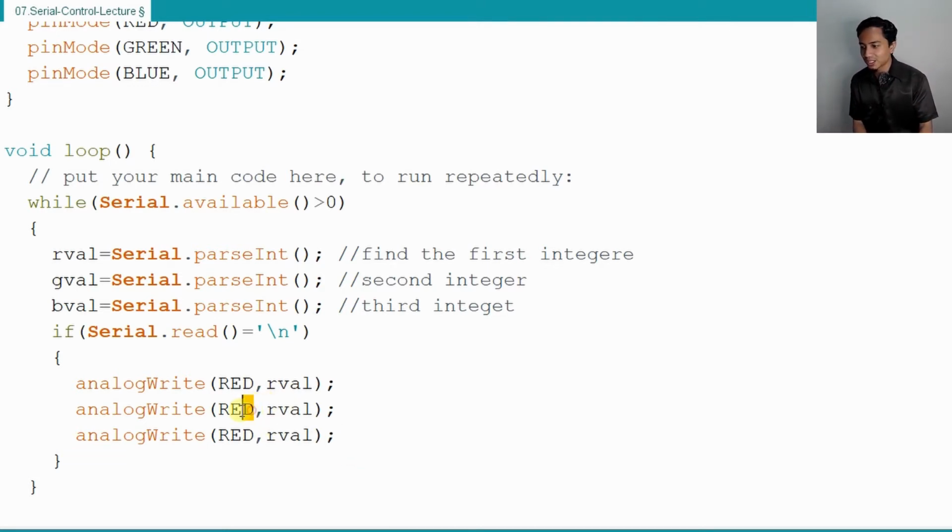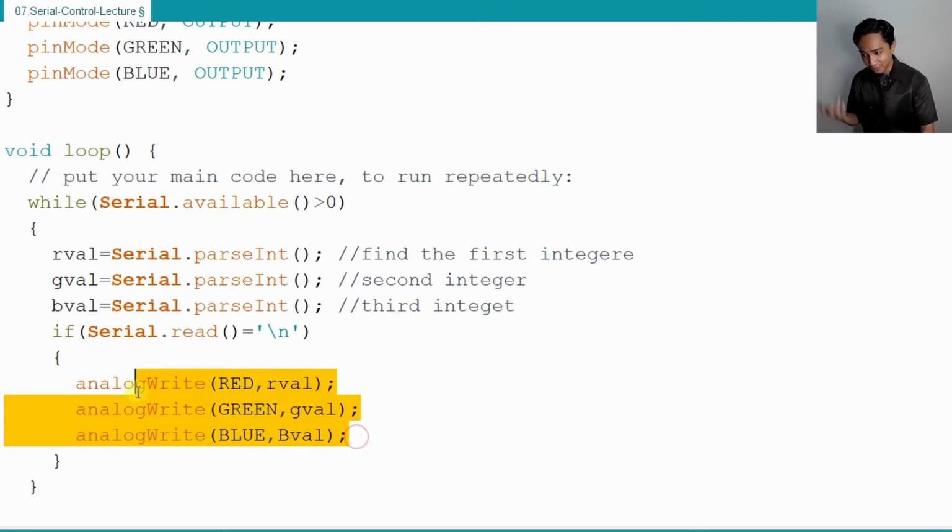Again, after red is green, obviously with the green value, and finally blue with the blue value. That's it. As simple as that. So this is from the analogWrite, from the PWM.